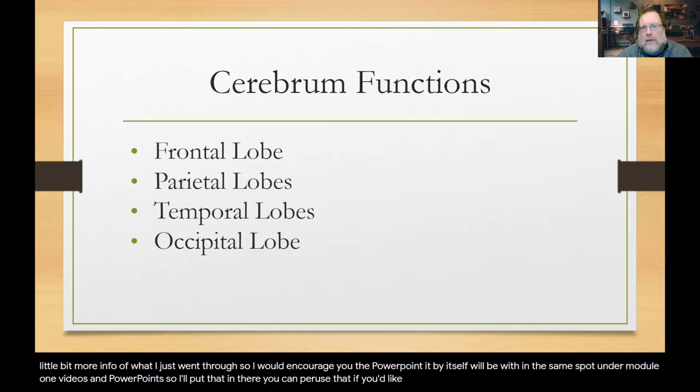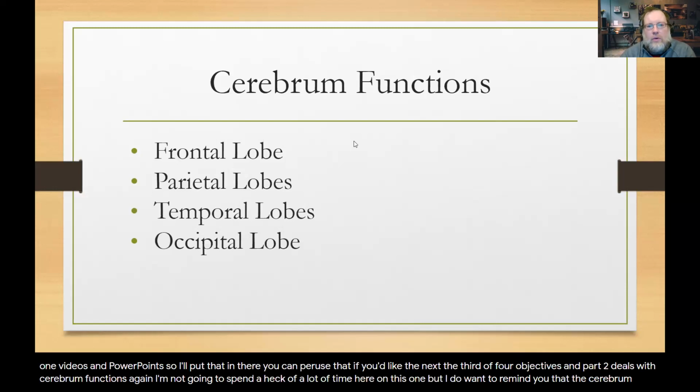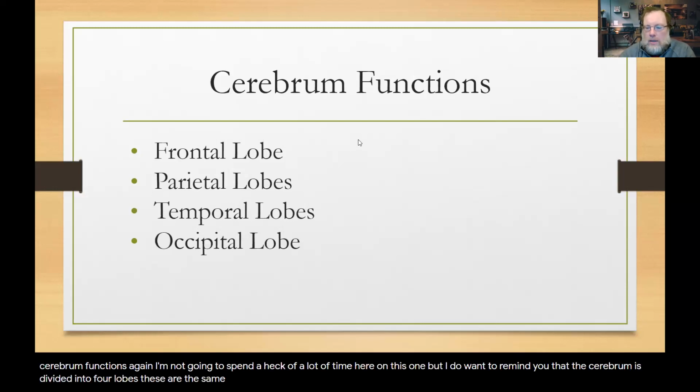The next, the third of four objectives in part 2 deals with cerebrum functions. Again, I'm not going to spend a heck of a lot of time here on this one, but I do want to remind you that the cerebrum is divided into 4 lobes. These are the same regions that we've looked at, the same bones of the skull that are associated with these regions.